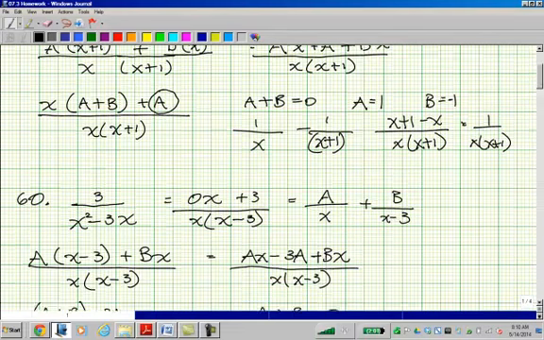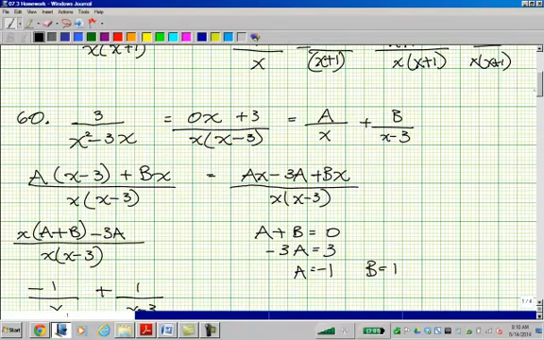The next problem is more of the same. We've got 3 over x squared minus 3x. The numerator is 0x's plus 3 over x times x minus 3. So there's just two distinct factors. So we'll have a over x plus b over x minus 3 as our proposed two fractions.